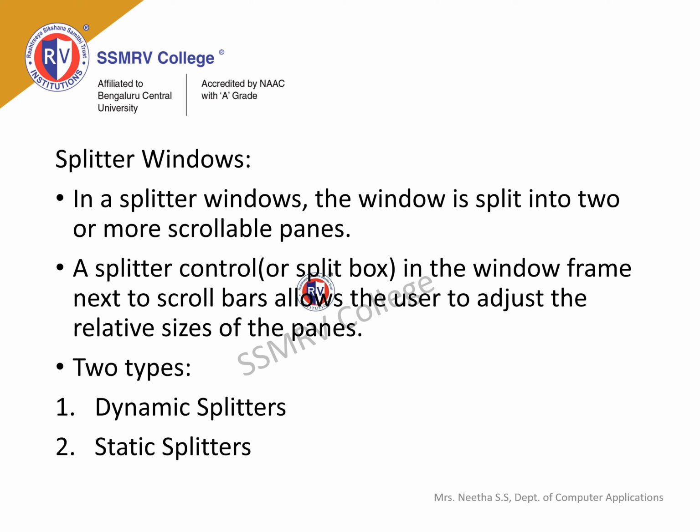In dynamic splitters, the views are of the same class, that is multiple view user interfaces. In static splitters, the views can be of different classes. Splitter windows of both kinds are supported by the class CSplitterWnd.